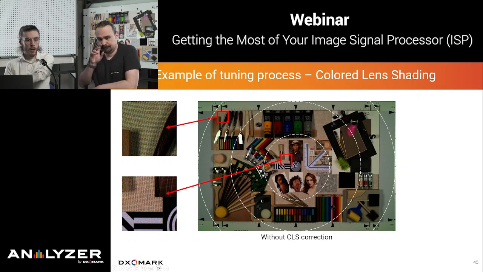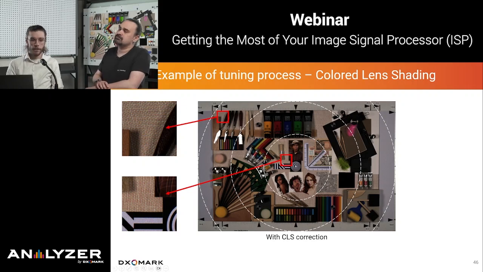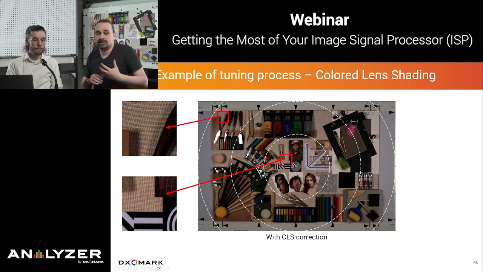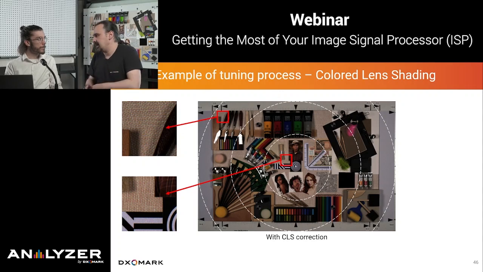So we apply it for each channel, and then it's almost completely gone. It's not totally gone because, again, it's always a compromise. We don't want to overdo it, but it's not visible at this scale, so we are satisfied.